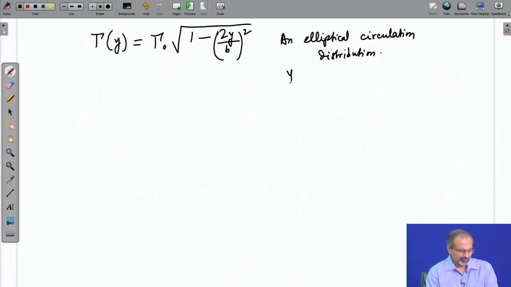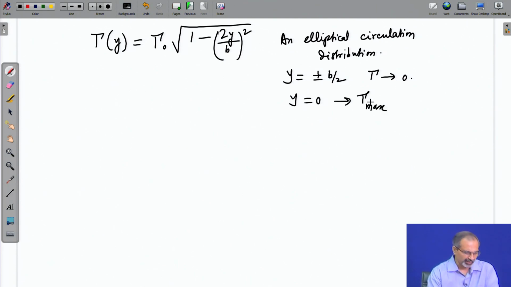So, at y equal to plus or minus b by 2, you will find that the gamma will go to 0, which should be the case because the edges of the wing should not be producing any lift, and therefore, the gamma should be 0. At y equal to 0, on the other hand, you get the maximum value of gamma, that is the peak value, which will turn out to be gamma 0. So, this seems to be a rational distribution. So, if this distribution is used, then how does the downwash come out?